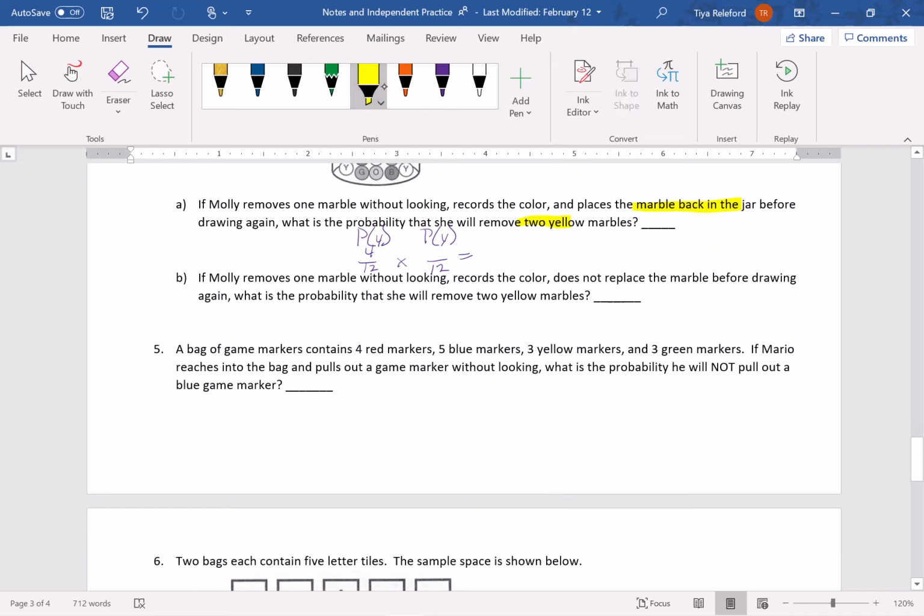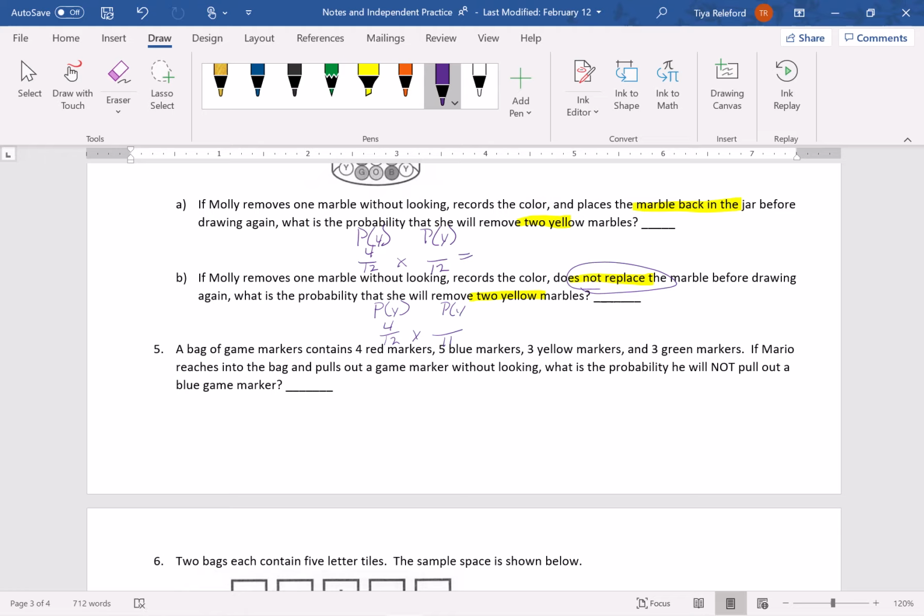If Molly removes one marble without looking, records the color, and does not replace the marble before drawing again, what is the probability she will remove 2 yellow marbles? The first time is still 4 out of 12. The second time, though, we only have 11 marbles because we don't put it back.